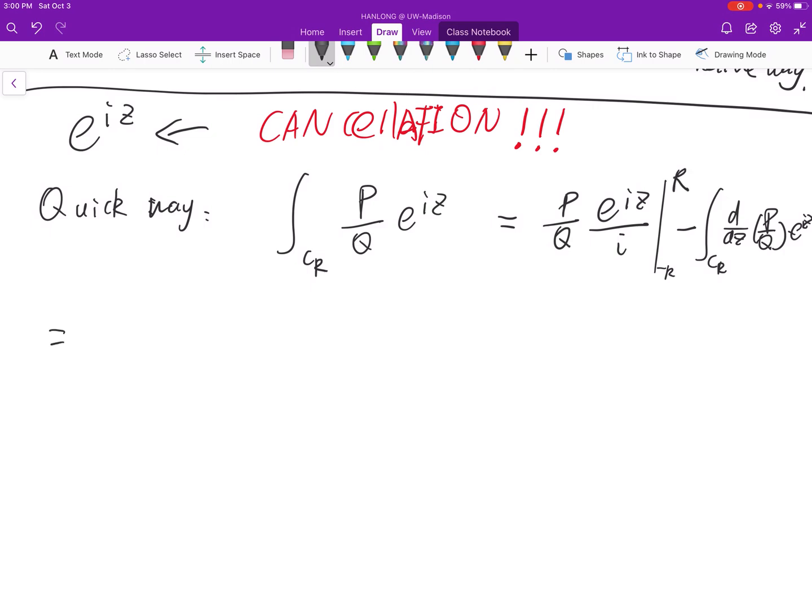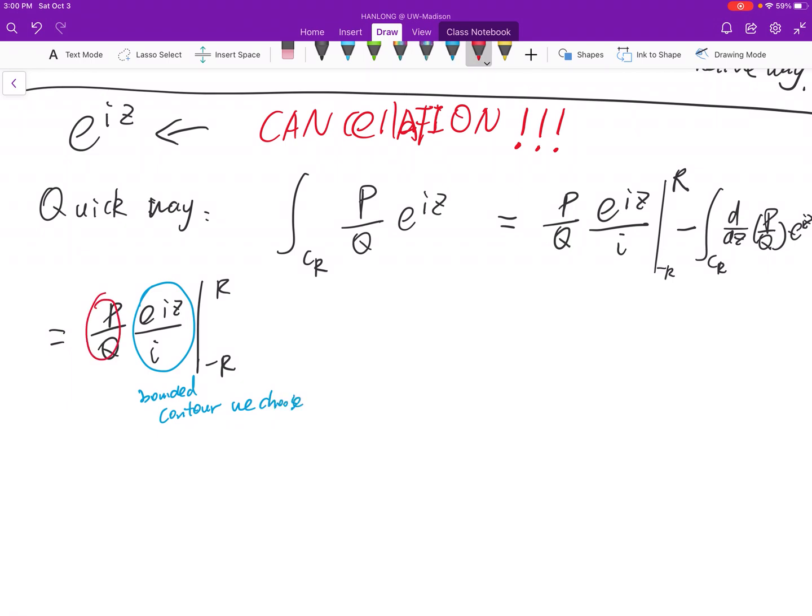Okay, and then for the p over q, this part is bounded because of the contour we choose.